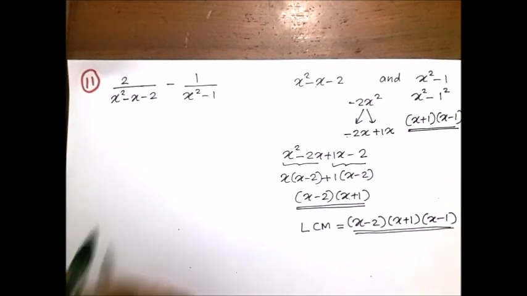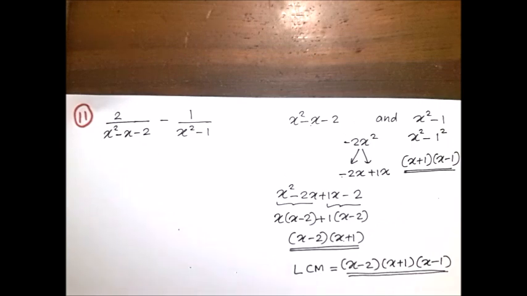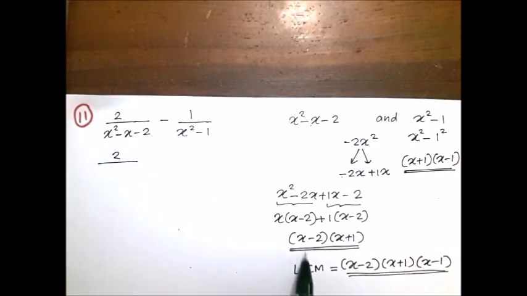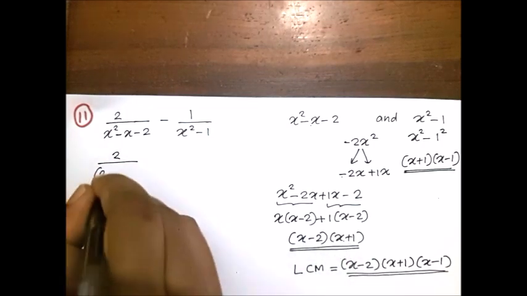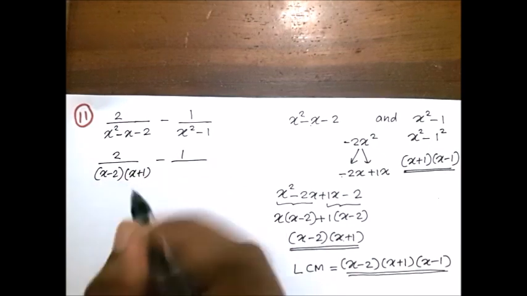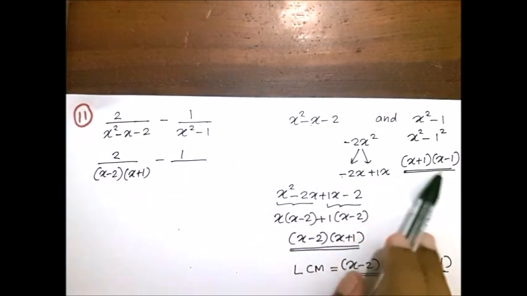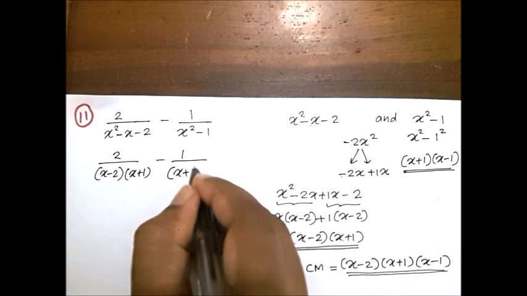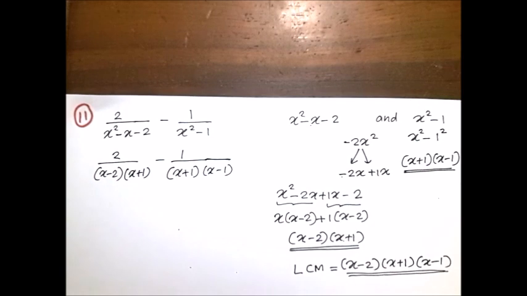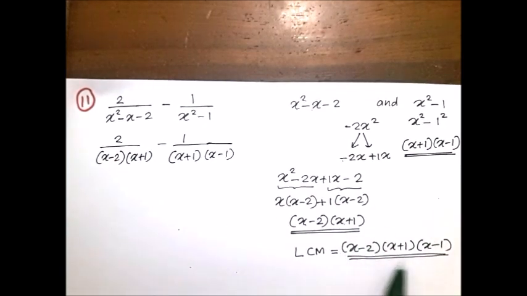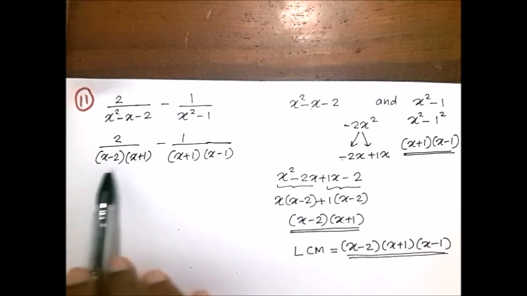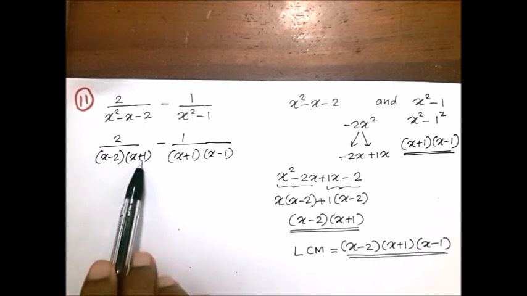in these fractions. First I am going to write this expression as factors. It is (x - 2) and (x + 1). Then write this denominator as factors. It is (x + 1) and (x - 1). Now you have to take this expression as the common denominator. Here the denominator is only (x - 2) and (x + 1).